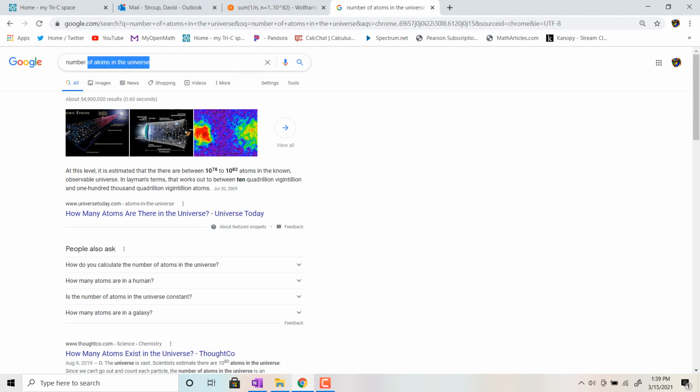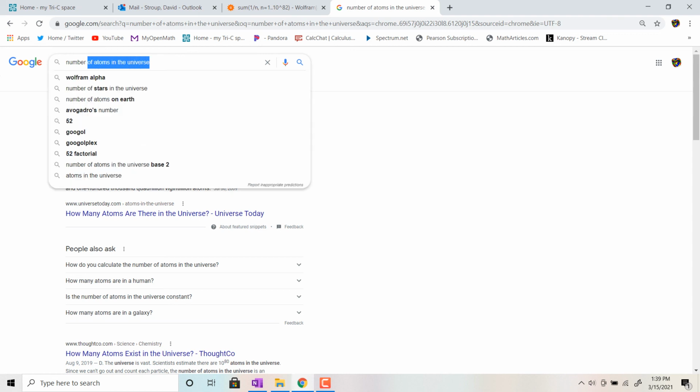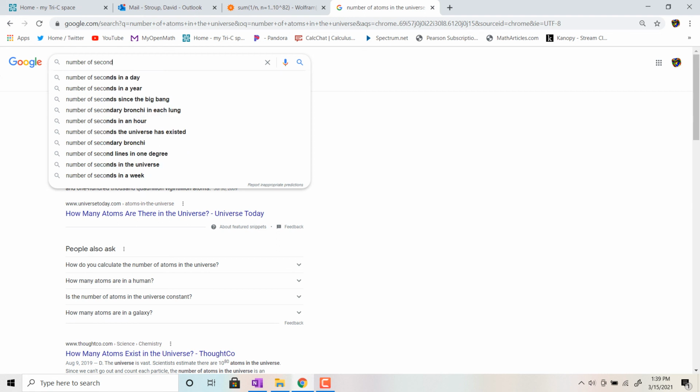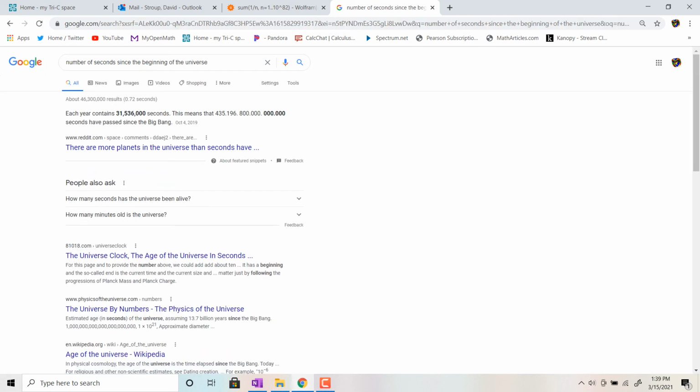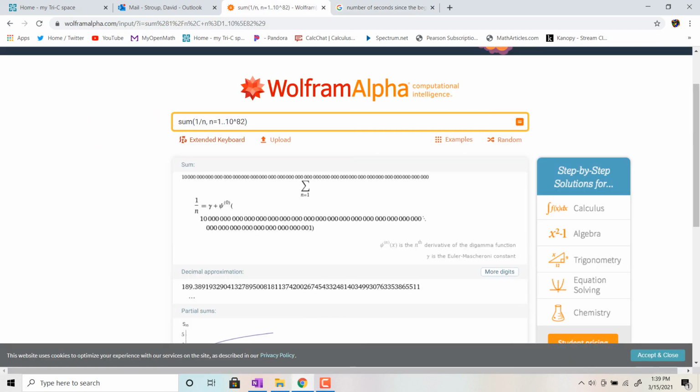Let's go back to the number of seconds. If somebody started adding them up one a second from the beginning of the universe, since the Big Bang, that means 10 to the 21, apparently 10 to the 21 seconds.